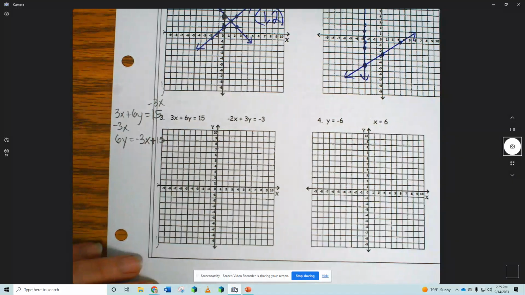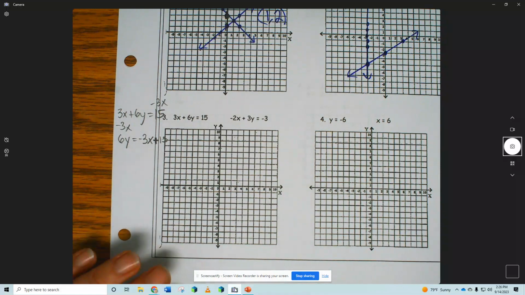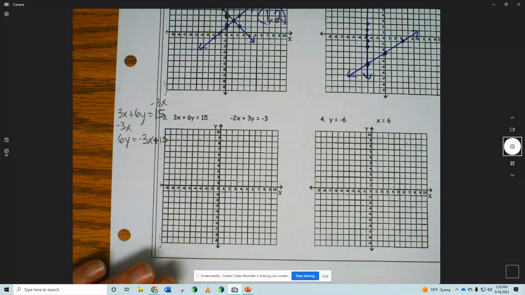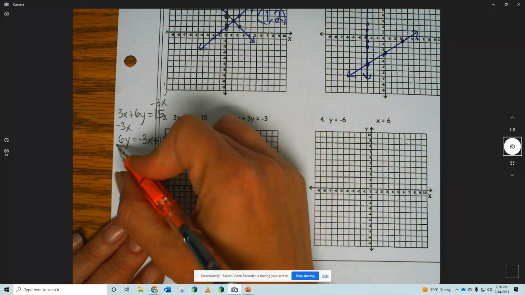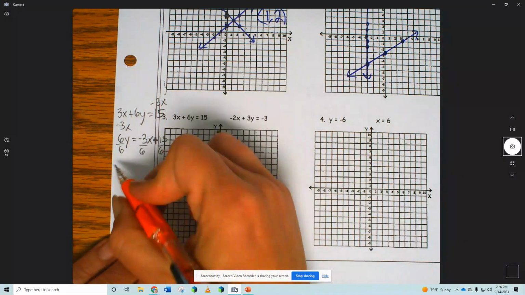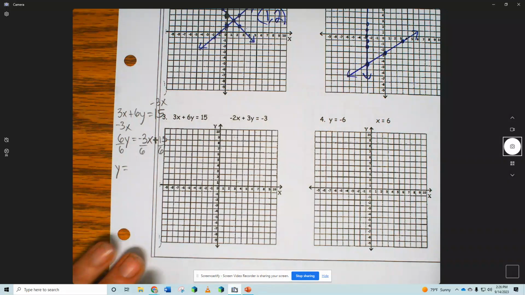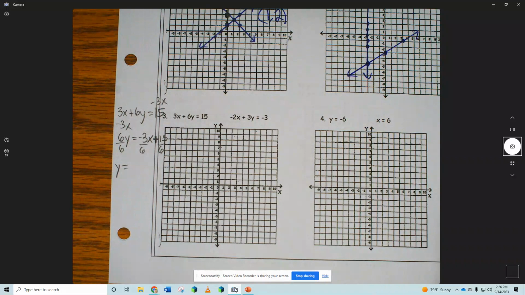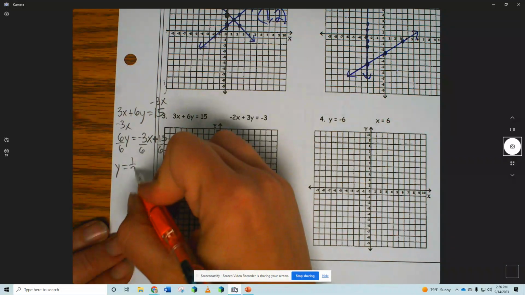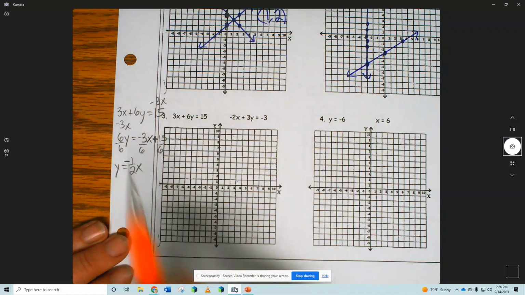Now I'm going to divide by 6. However, you'll notice that the 6 doesn't go into 15. So I'm going to have y equals 3 over 6. What's 3 over 6 become? 1/2 x. Negative 1/2 x, because there was a negative 3.